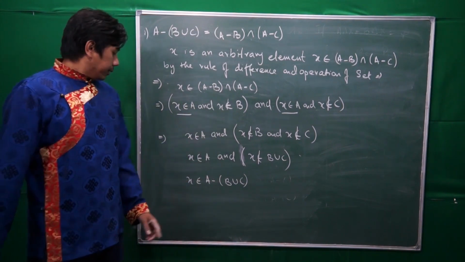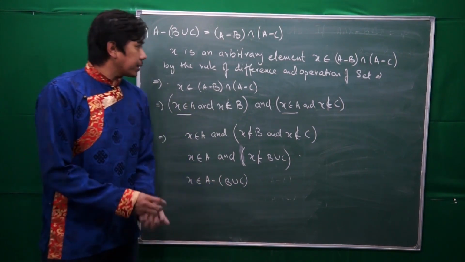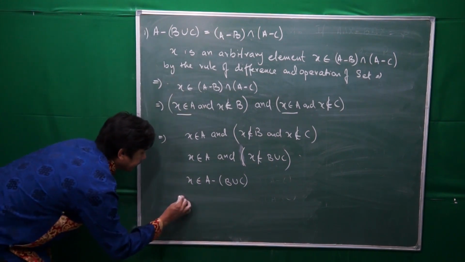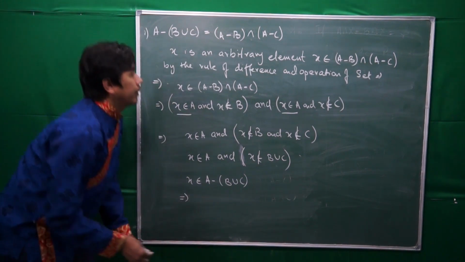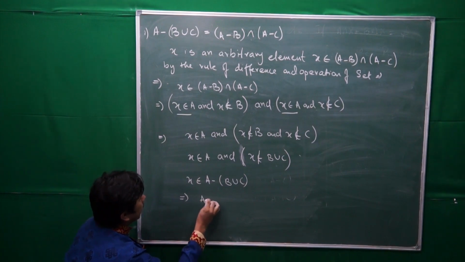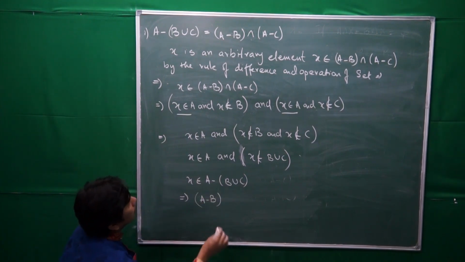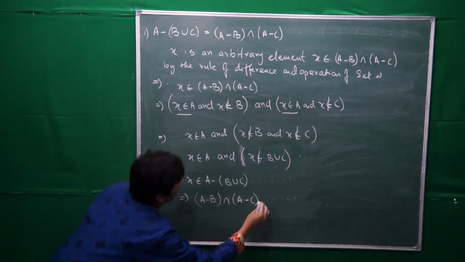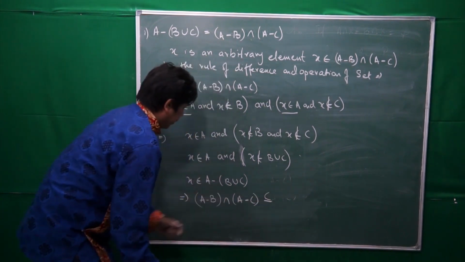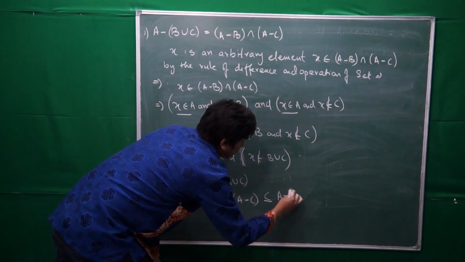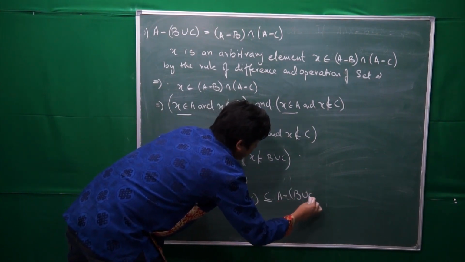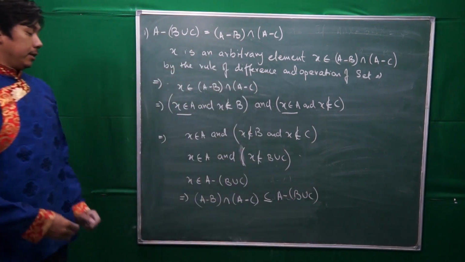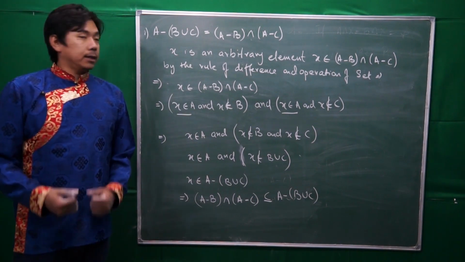Since X is an element of this as well, therefore we can write that A minus B intersection with A minus C is a subset of A minus B union C. Clear?